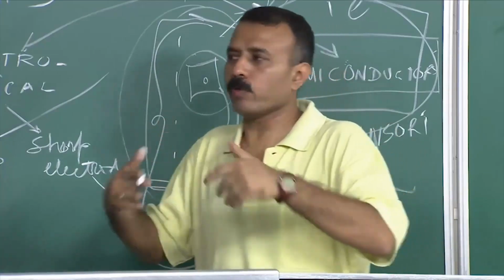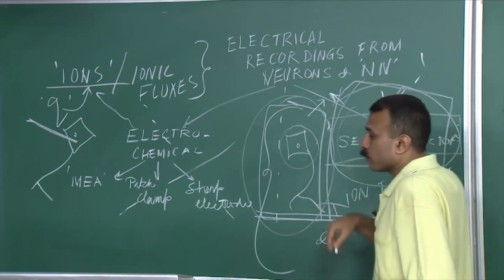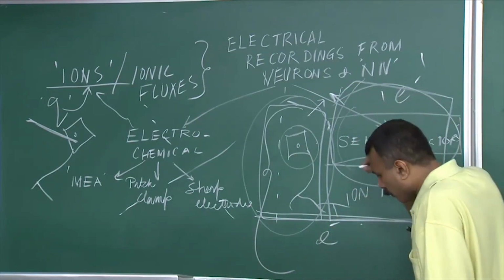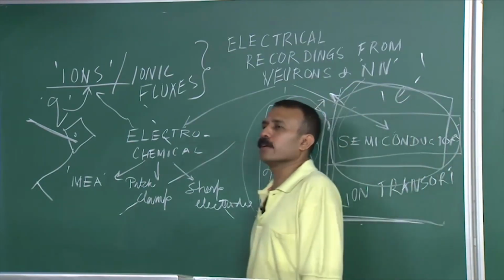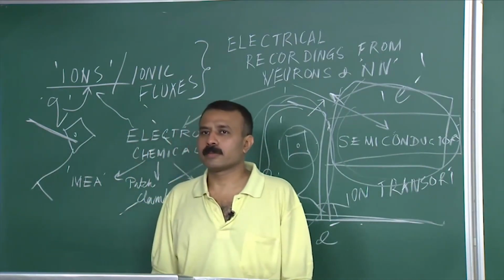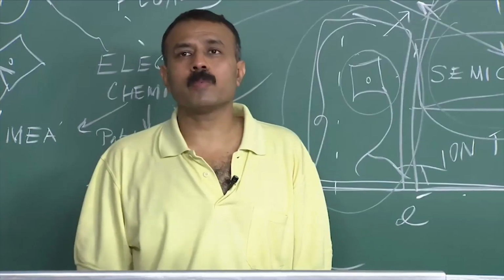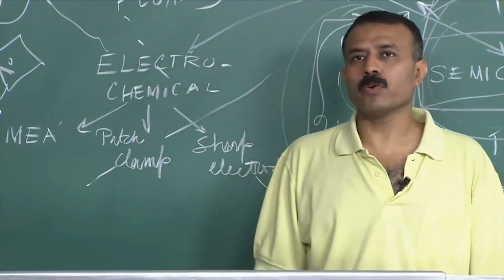They keep on improving, but at this stage I will show you one of the primitive chips developed by Peter Fromherz. And most importantly, a dare to dream in 1991. It was a long time back, more than 20 years. A dare to dream for something which was not seen before.